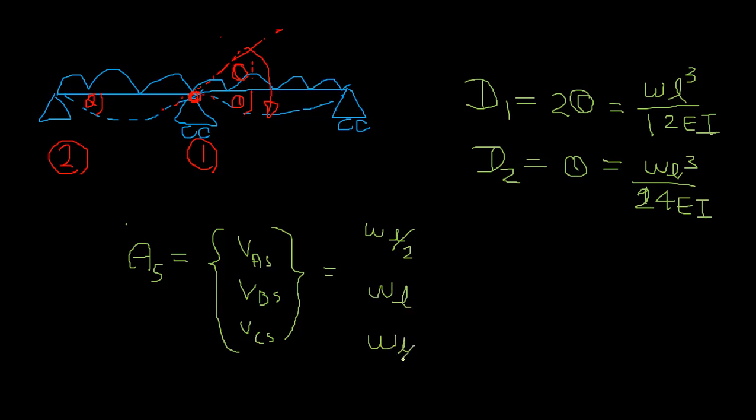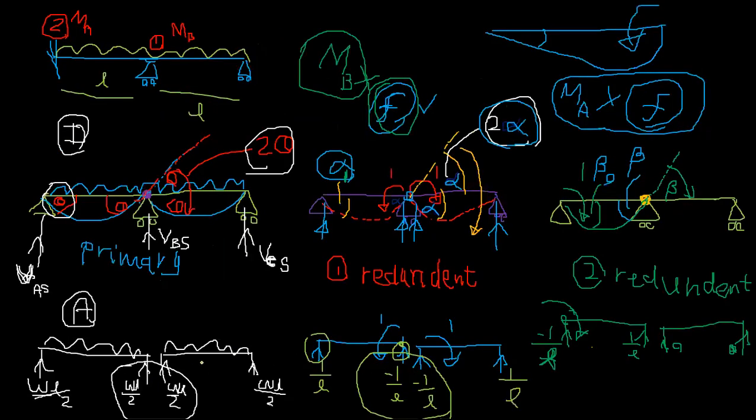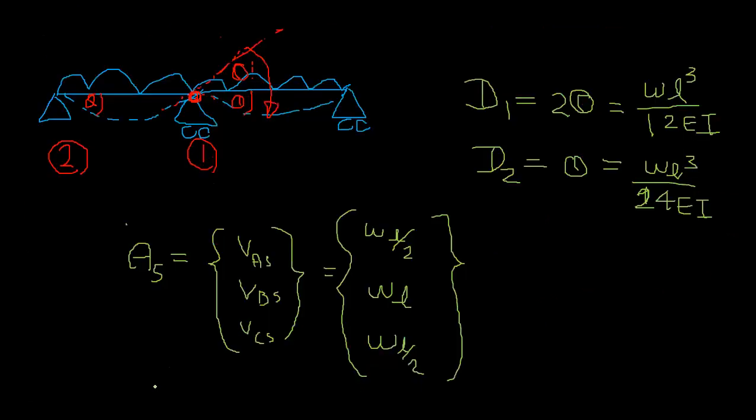That's why this is WL over 2. Yeah, can you see? So our first part is okay. We found the actions, found the displacements. So our primary structure is done. So we need to go and apply the redundant at first coordinate.